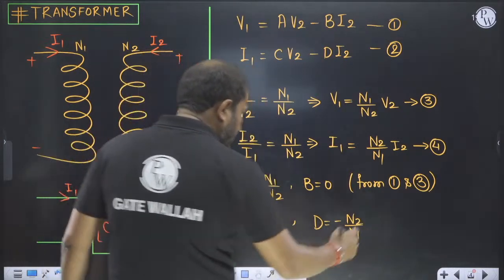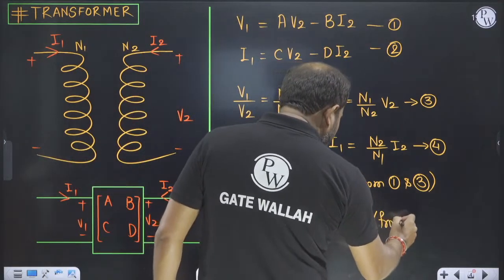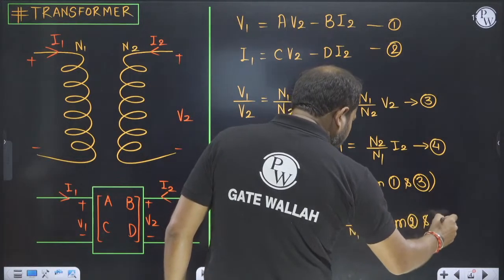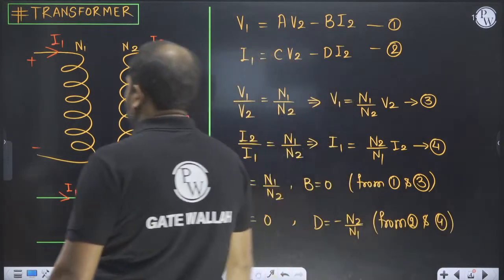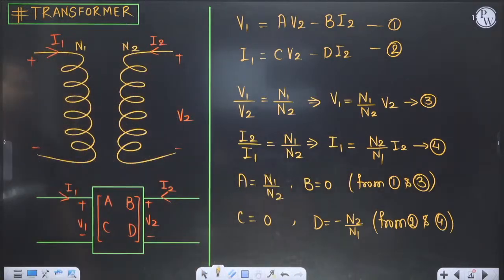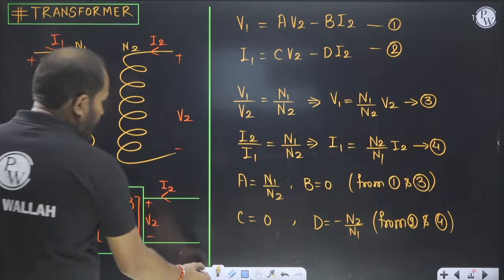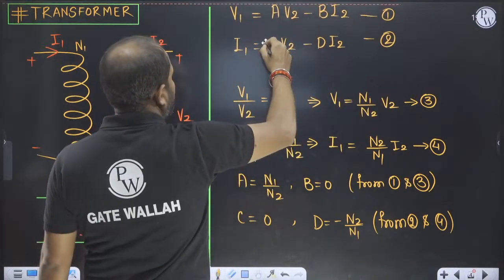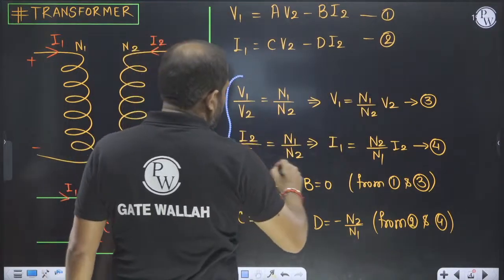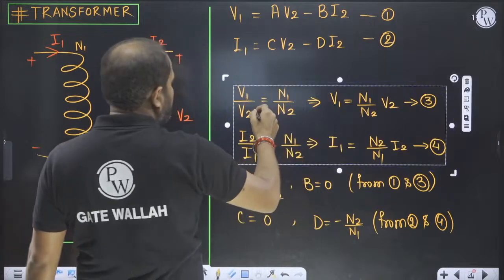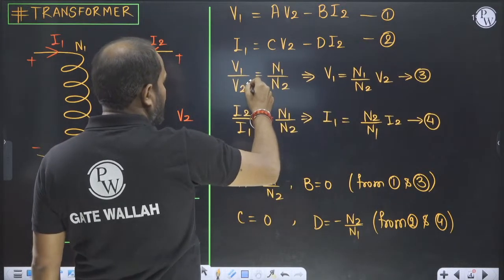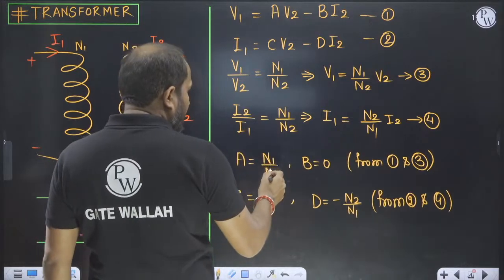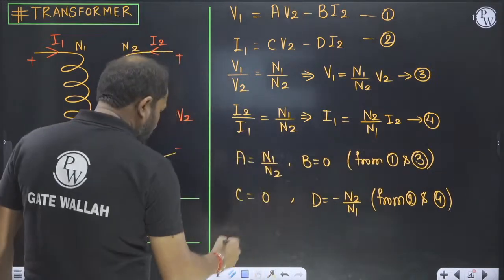So we have calculated the transmission matrix for the transformer. For the transformer, A is N1 by N2, B is 0, C is 0, and D is N2 by N1.